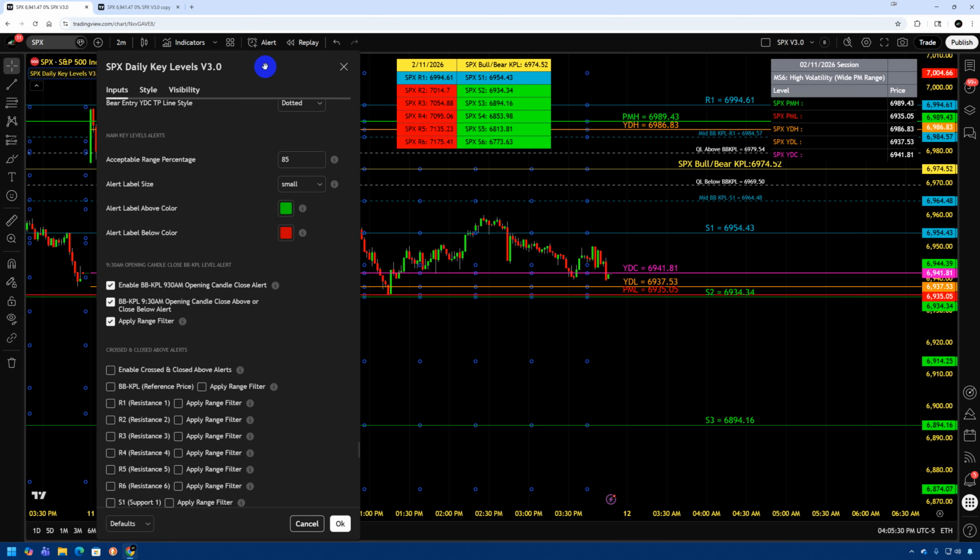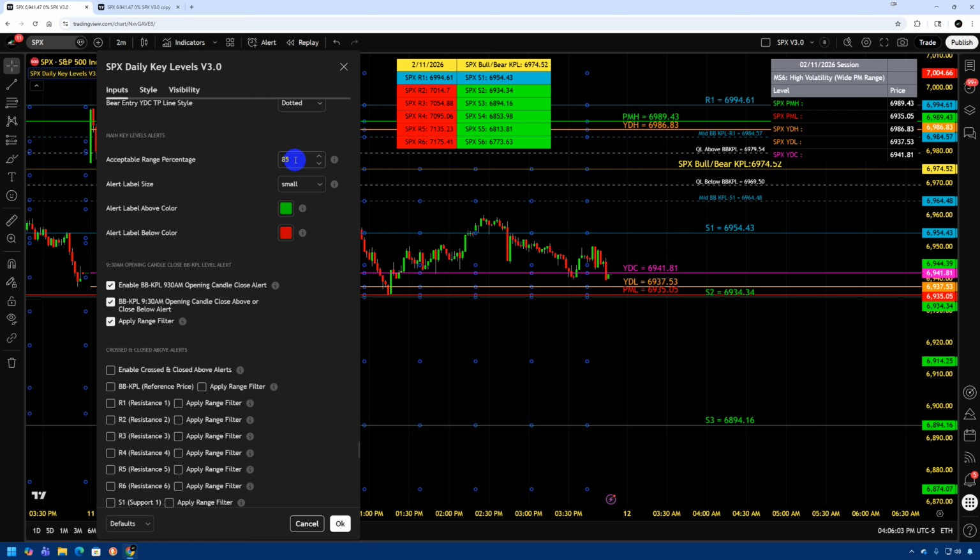If you have it on a 2-minute chart, that's going to be the 9:30 to 9:32 a.m. opening candle. 3-minute chart would be 9:30 to 9:33 a.m., etc. If you have it on a 10-minute chart, it's going to be the 9:30 to 9:40 a.m. candle. So it's only going to alert, or not alert, based on the opening candle for the time frame you have your chart set to.